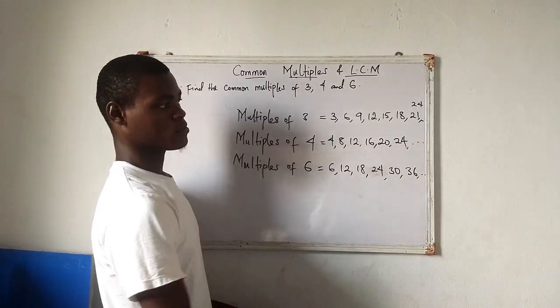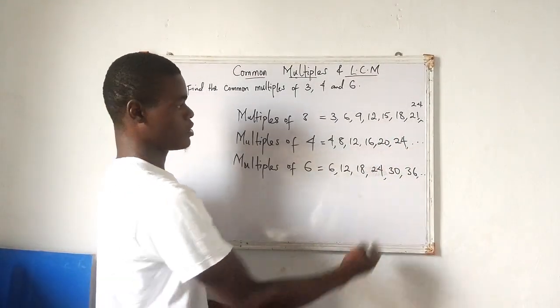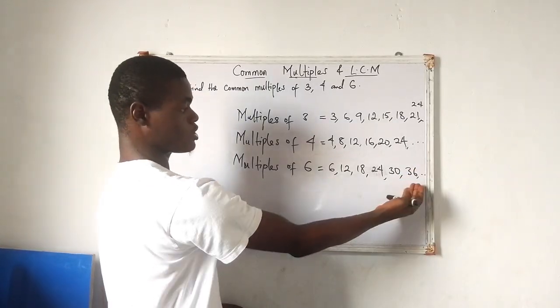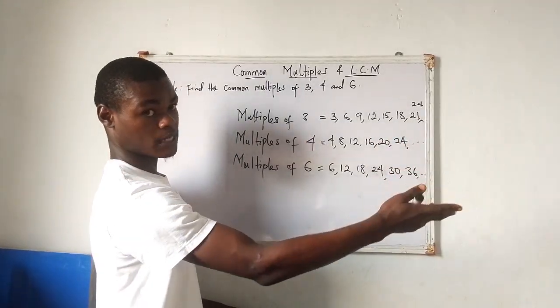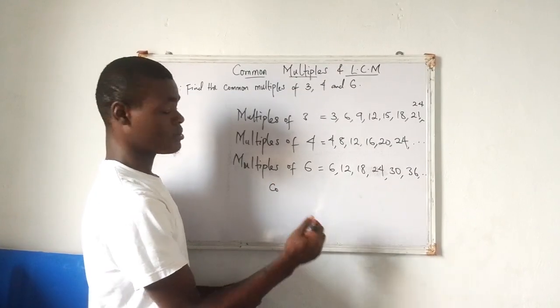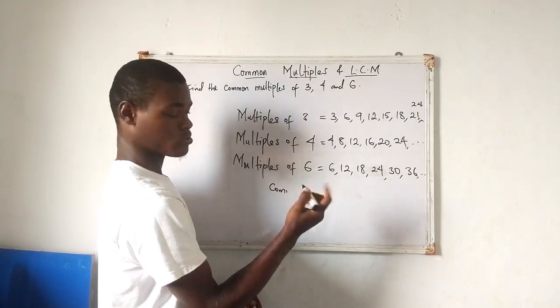If I keep going, after 3 times 8 is 24, we get to 3 times 12, which is 36. You also get 4 times 9, which is 36. Then here you already have 36, so 36 is also a common multiple.